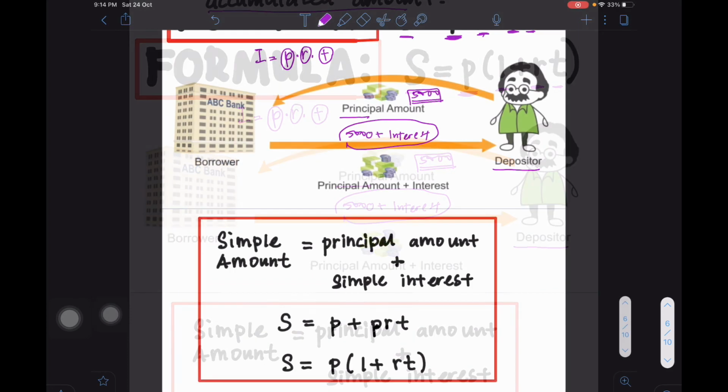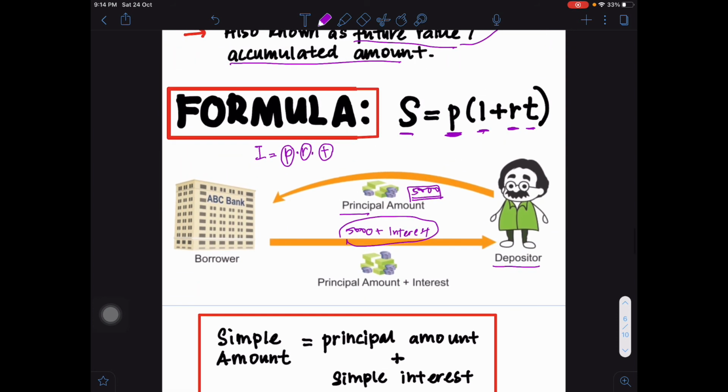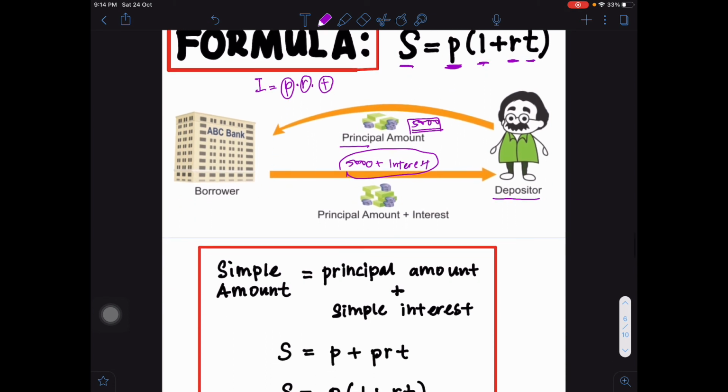Okay, sekarang kita nak tengok macam mana kita dapat formula of simple amount. Okay, di mana kalau awak tengok formula of simple amount adalah S equal to P times 1 plus RT. Okay, so by definition, apa dia simple amount? Simple amount itu adalah principal, duit asal ataupun duit muka awak ditambah dengan interest. Okay, am I right?